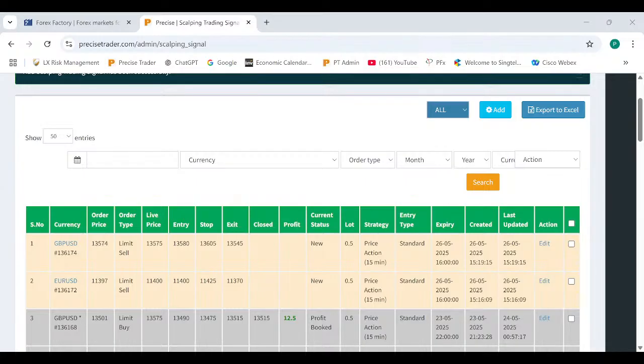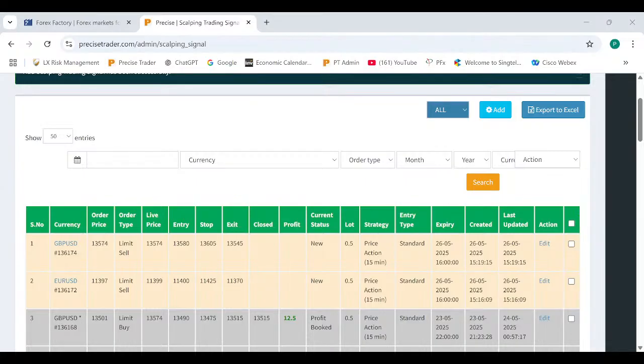Is there anyone who managed to get the entry? If you managed to get the entry, let me know. If not, then let me know, and I'll try to give a re-entry again.